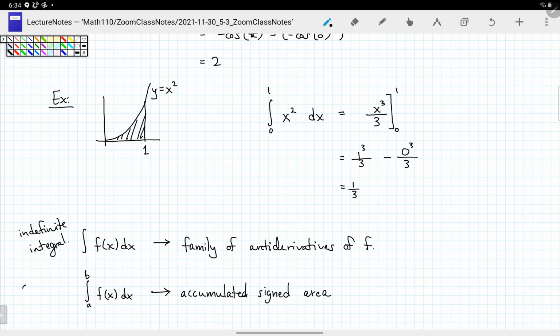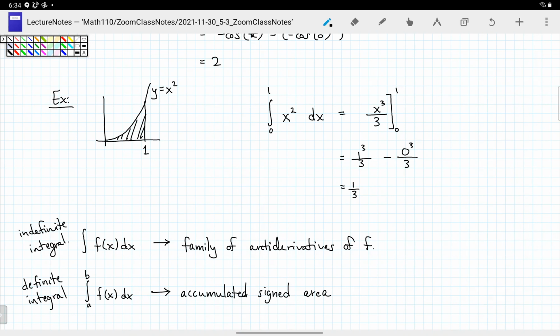This is going to be what we call a definite integral. Basically, what we have is the indefinite integral. We're just using that integral notation as a way of denoting the antiderivative of f, because integration is so very closely related to antiderivatives.